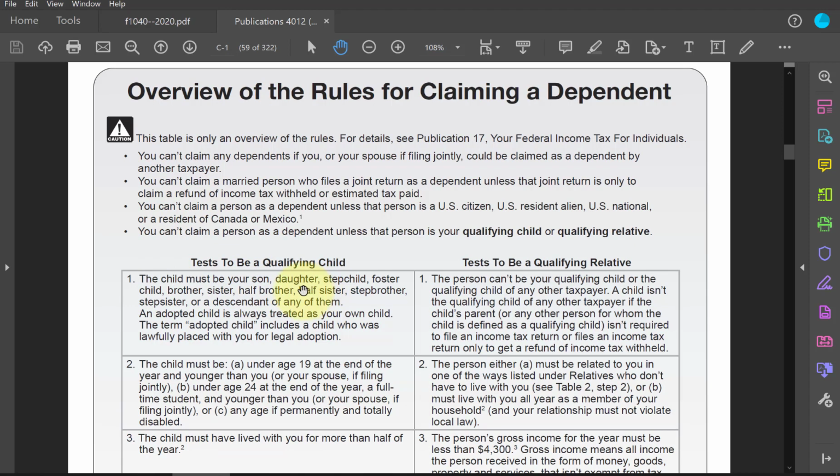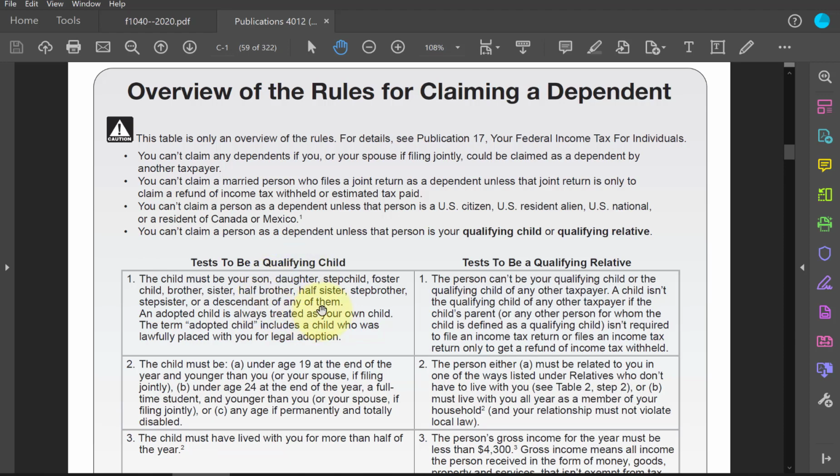Child, that's son or daughter, stepchildren, foster children, adopted children, brother, sister, as long as they're younger than you, half-brothers, stepbrothers, and descendants of all these people. That means grandkids, nieces and nephews. Okay, so that's the relationship test.